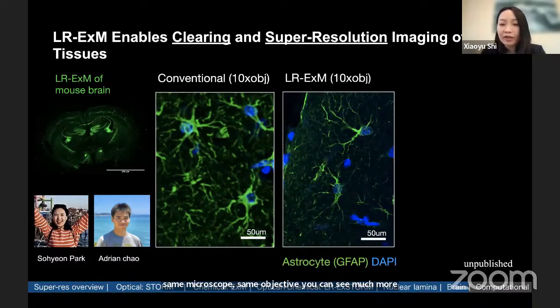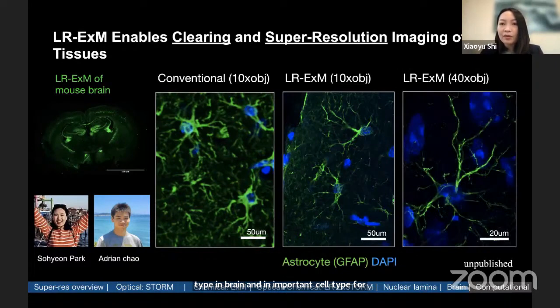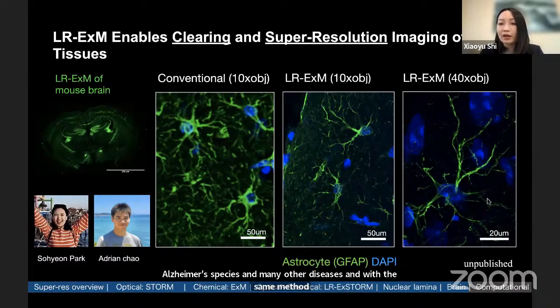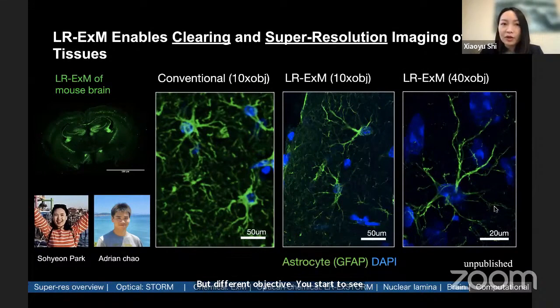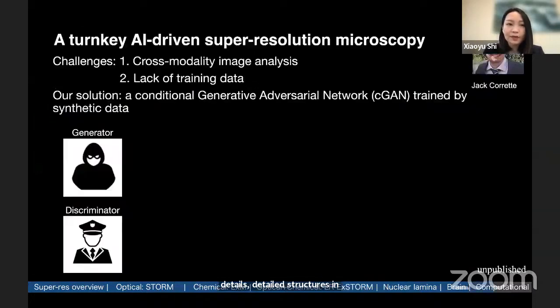It's a cell type in the brain, an important cell type for Alzheimer's disease and many other diseases. And with the same method but a different objective, you start to see a lot more detailed structures in the astrocytes.